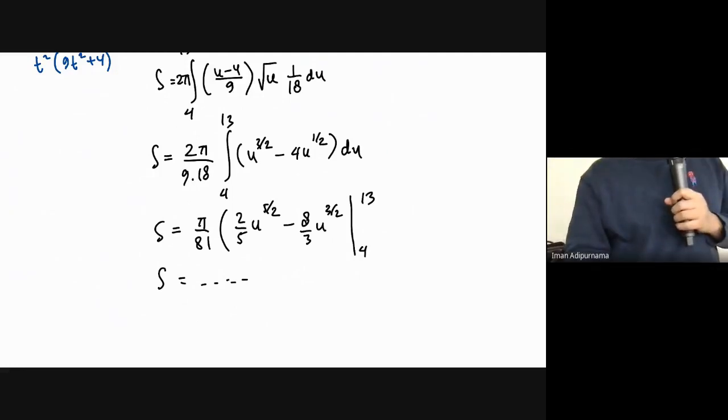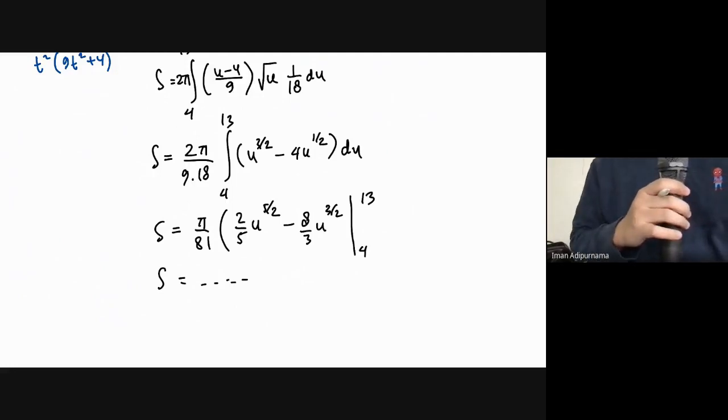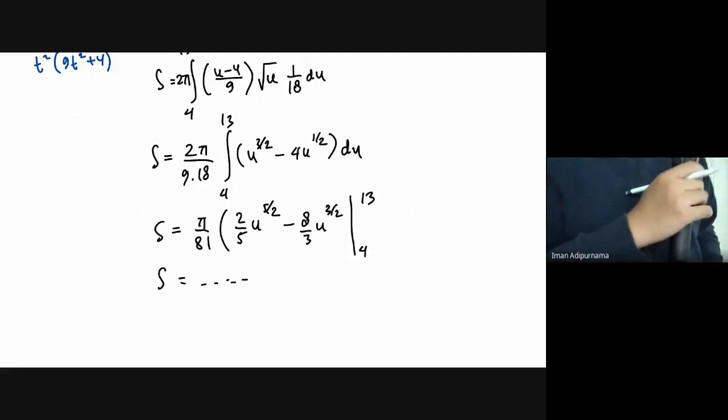Okay. Now, any questions? Sometimes for the integrations you can use many techniques. The simple one is the substitutions. And then the by parts.